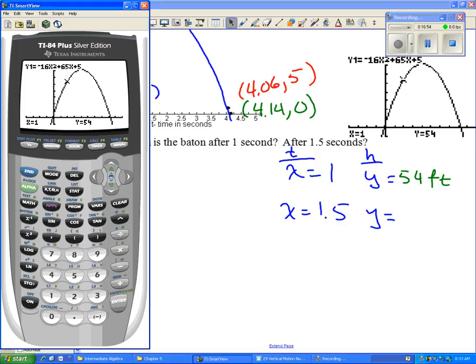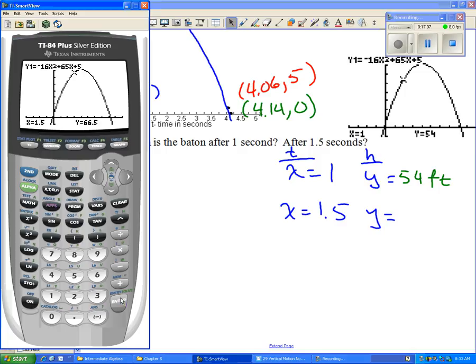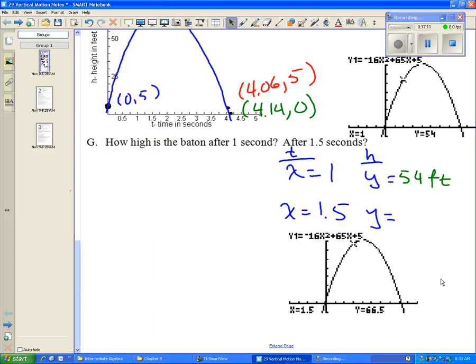So I'm going to again hit second trace to go to calc. I want number 1 for value. I want 1.5 seconds. So I'm going to hit enter. And the height at 1.5 seconds is 66.5 feet. I got all this information from my calculator. When I put the equation correctly into the calculator, we're through, we're done.